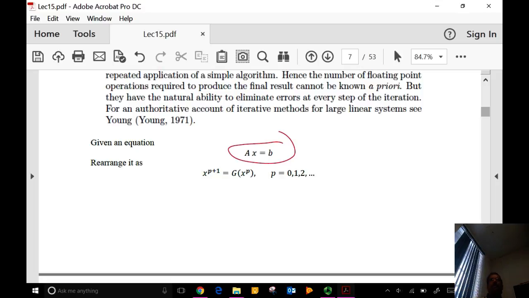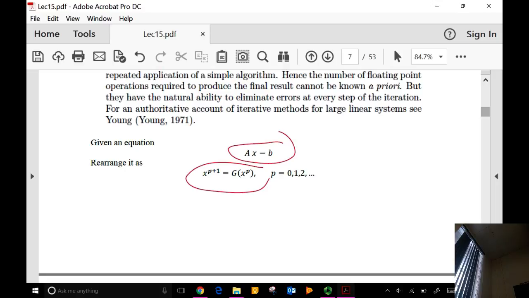So given an equation like this, ax equal to b, the first step is to rearrange it in a form where x is not to the power, it is the step number. Right? p equals 0, 1, 2, these are called iteration numbers. You may have all seen this in COMSOL because COMSOL uses iterative methods for solving. Right? So x at the p plus 1 step is some function of x at the p step.